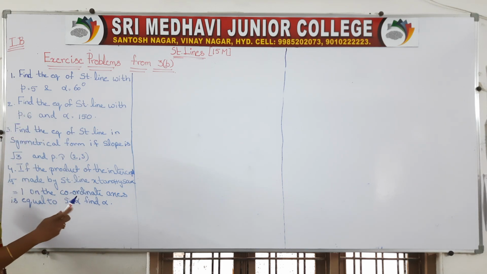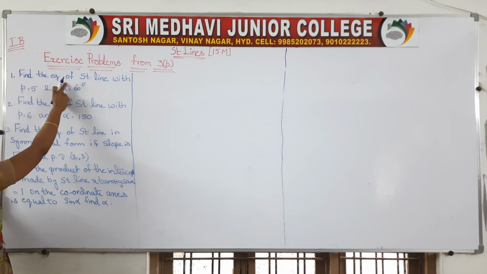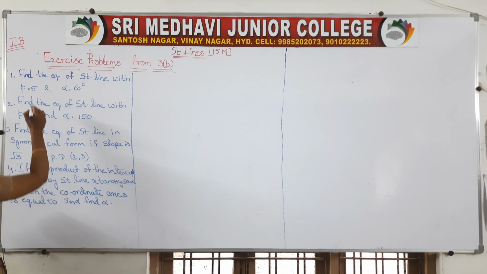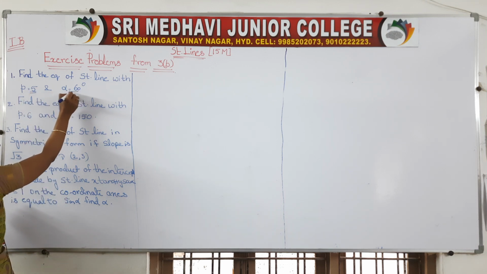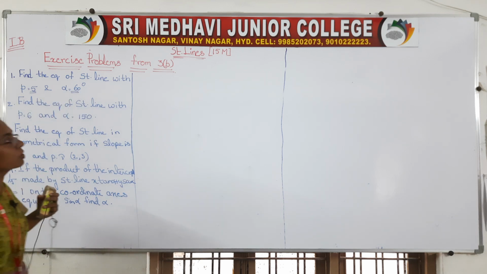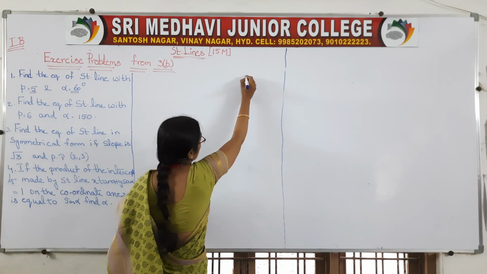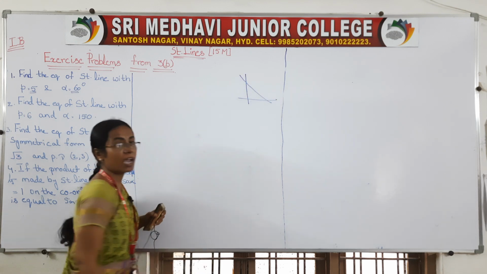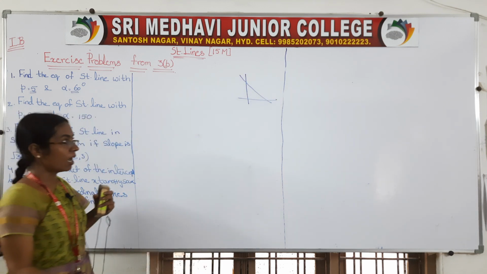So see, this is the first question. Find the equation of the line with P equal to 5 and alpha equal to 60. So what is the given information to us? P is given, alpha is given. So imagine the line forms where we have our P and alpha.